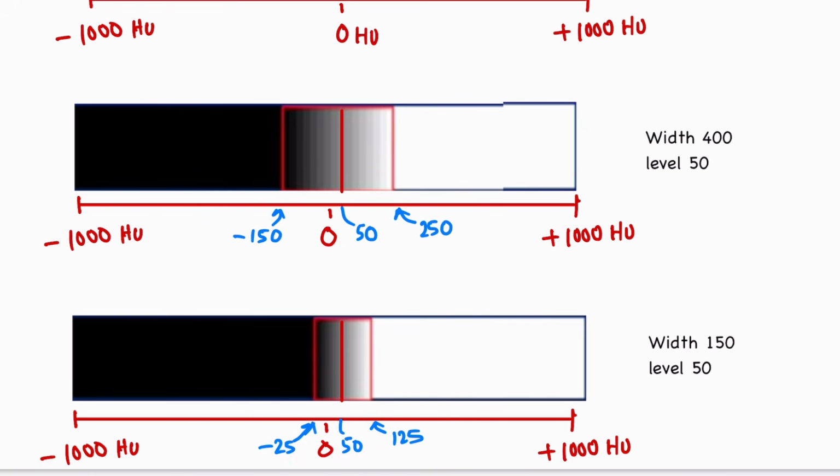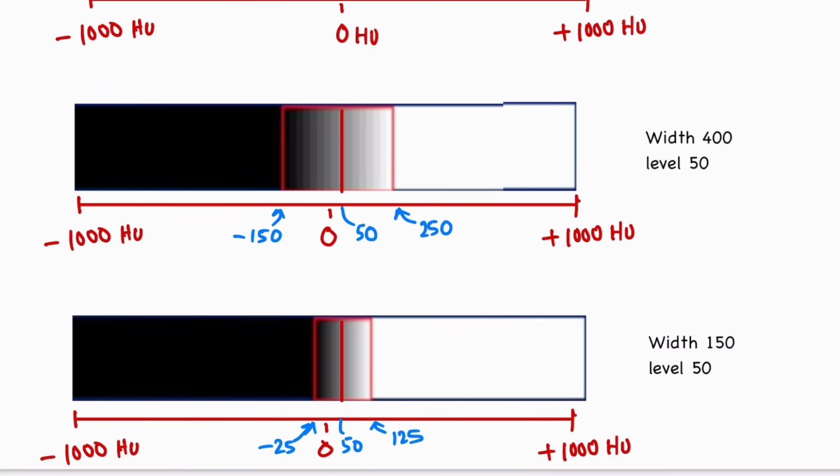So let me imagine that if I level at 50 and my width is around 40, then anything below 10, so basically I'll be reducing 40 from this level, that is around 10, anything below 10 is going to be black. So I'll get a black density in the CT scan.